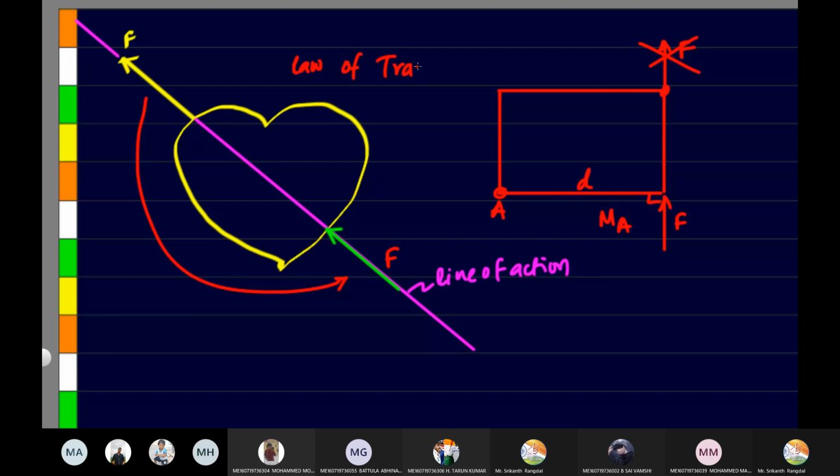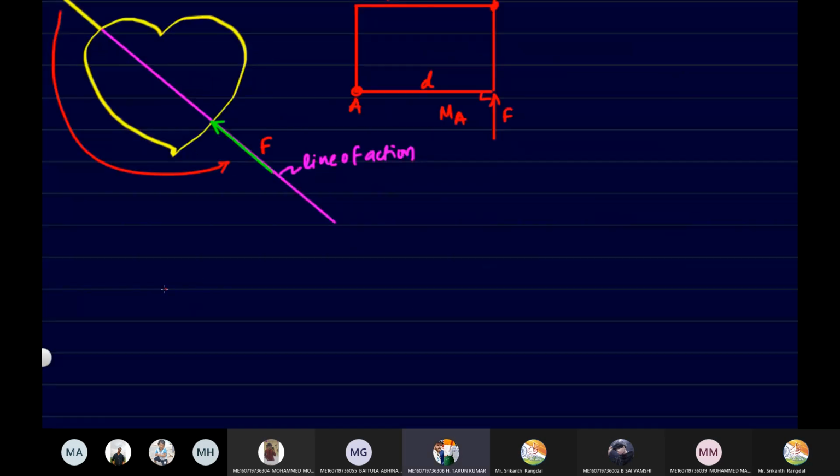Is it clear? Yes, sir. Sir, we can use it in beams also, sir. No, I have not come across it in beams. Yes, of course we can use it, because we have point loads on beams. Beam problems you are telling, right?